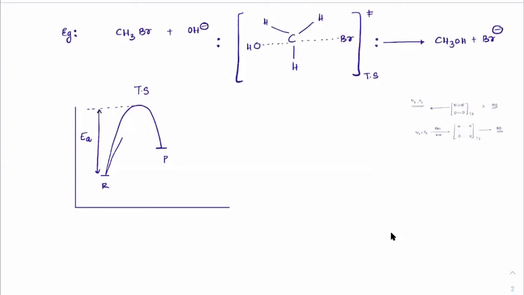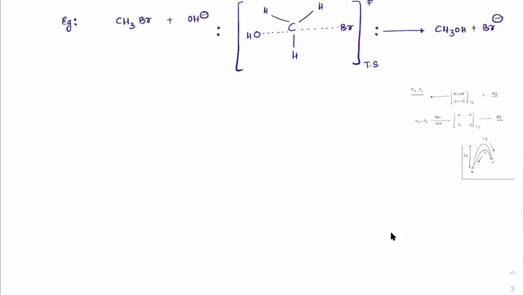But suppose you got only this much amount of energy and couldn't reach this level. This is also a transition state, but it will only drive back to reactants, while the other transition state will give products. Is the point clear? So every reactant has a certain activation energy involved. When it reaches that level of activation energy, it will definitely give products. But if it is not able to reach that level, it will again get back to reactants.